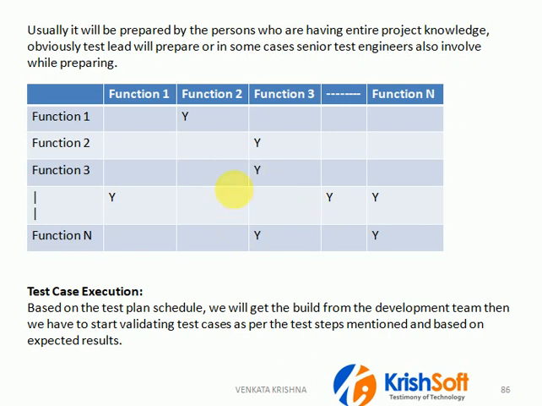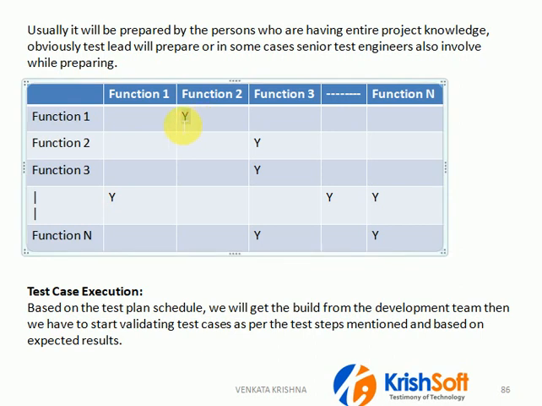What are all the functionalities that are interrelated or integrated or having a relation? There we are going to update Y. It means that it is interrelated. So based on this, the testers will follow this table. They are going to write an integration test case. Functionality 1, something they are doing, it is going to impact functionality 2. Functionality 2, some change will be there, it is going to update functionality 3.